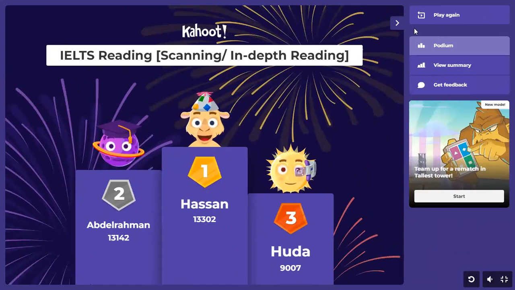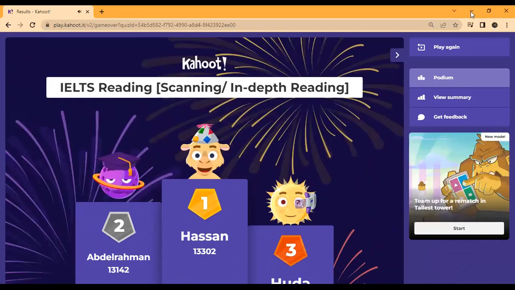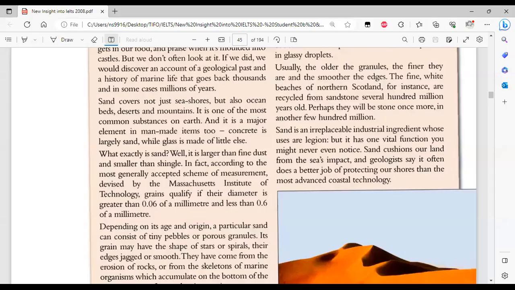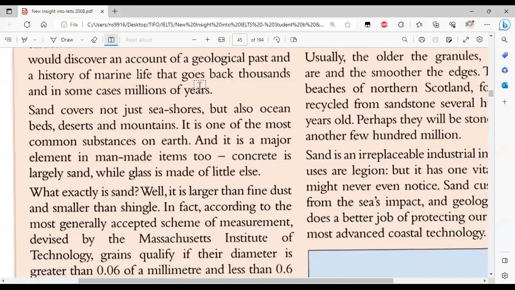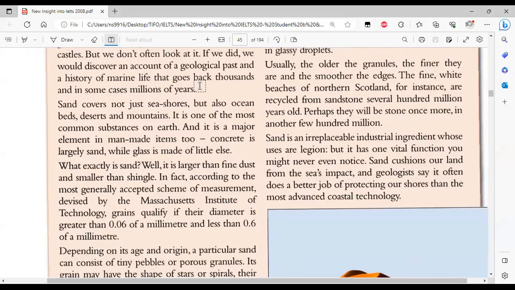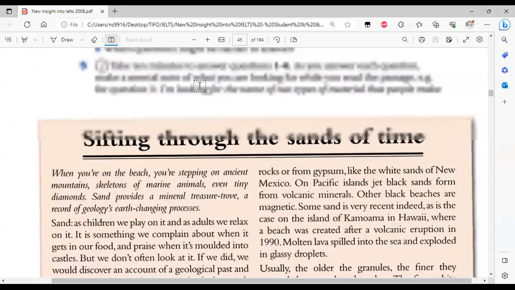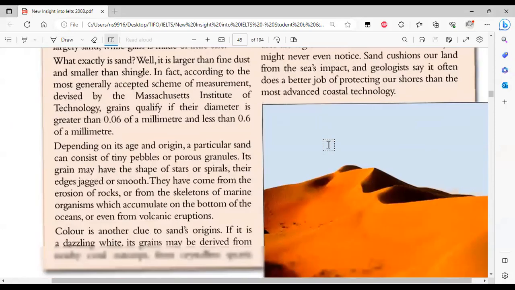Okay. So we're done with Kahoot. Okay, so we will do something else. Now this is the text that we have been dealing with, which is "Sifting through the sands of time".